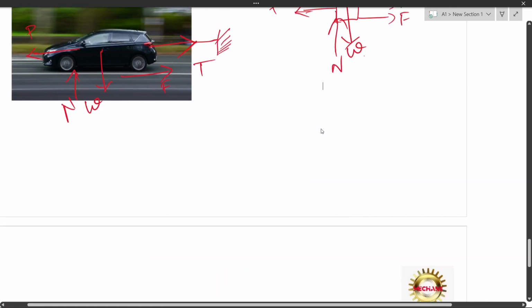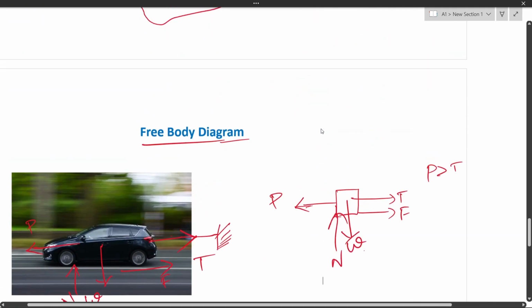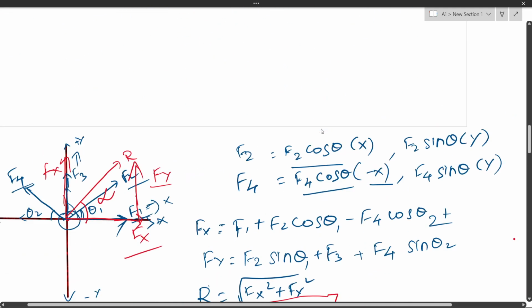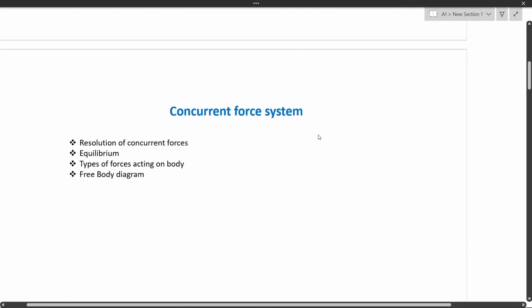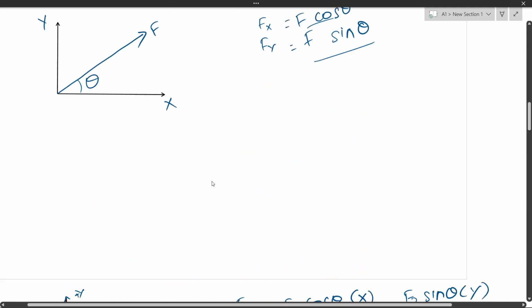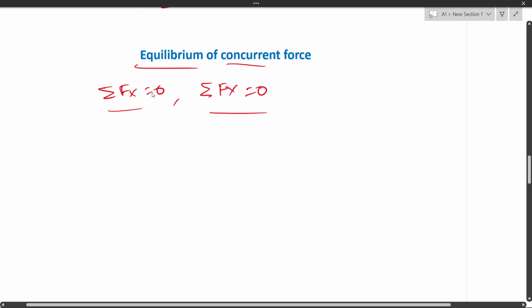So thank you. This is all the things in the concurrent force system. In the first video we saw what the resolution of concurrent forces is and what its importance is. To find the resultant, we calculate the resolution of forces, and the equilibrium conditions are the sum of forces in x equal to 0 and the sum of forces in y equal to 0.